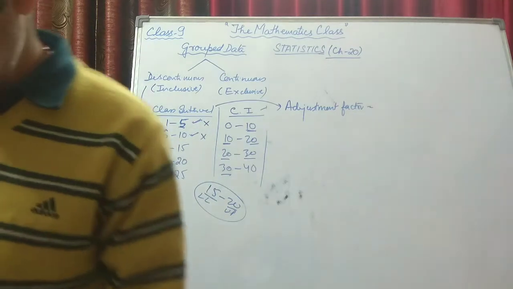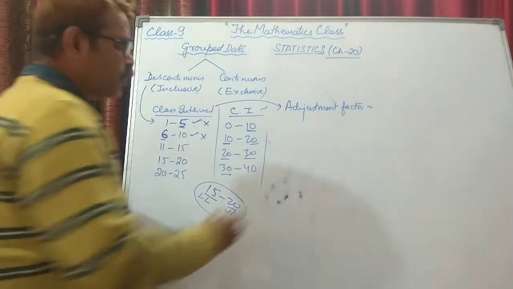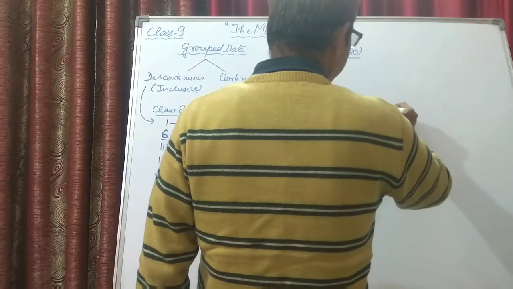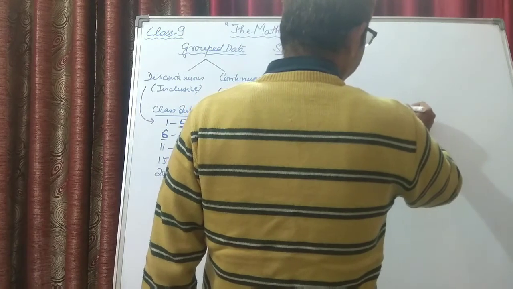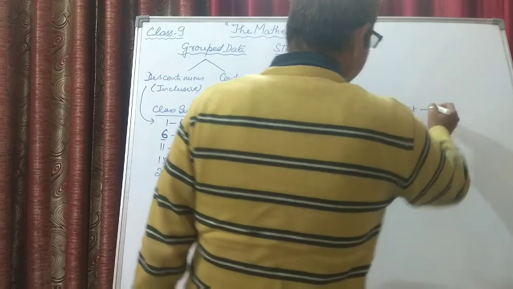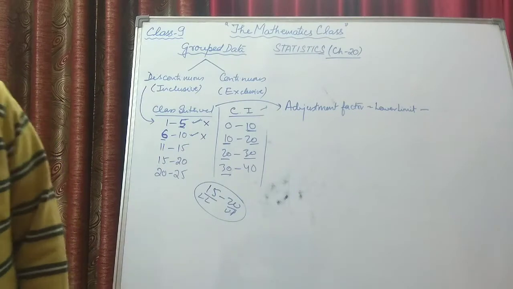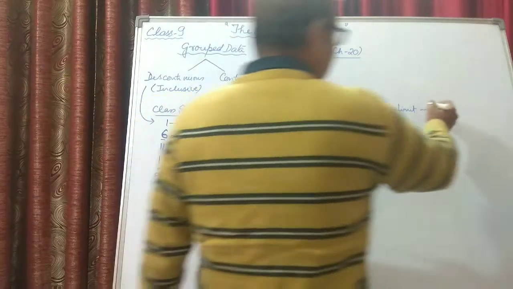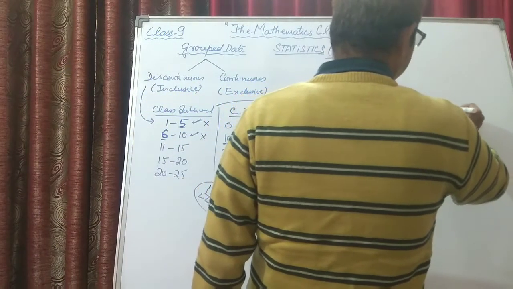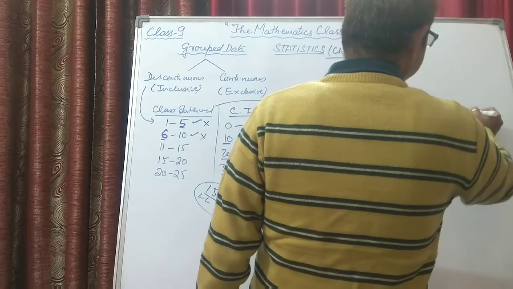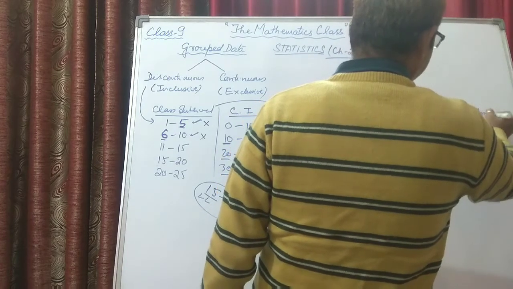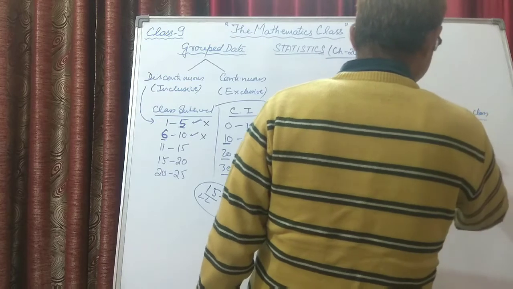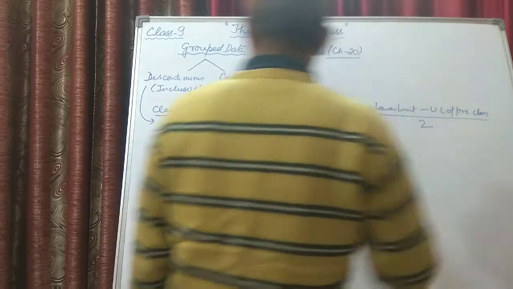So how do we find the adjustment factor? Lower limit of one class minus upper limit of the previous class, divided by 2. This is the adjustment factor.